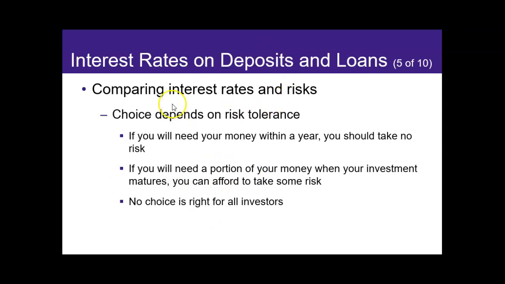Now, when it comes to risk tolerance, it depends upon your needs as well. If you know you're going to need a certain sum of money, say within a year, you should take no to minimum risk. Because if you put your money into an investment trying to yield a higher return, let's say you buy stock, but the time period is so short that you may lose that investment.